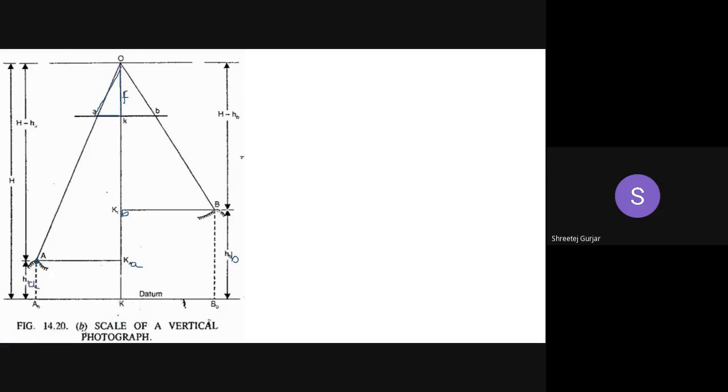Similarly as we have done in the previous case, we will take this small triangle and the larger triangle OKA, capital A, and these two triangles are similar. From this, scale is small k divided by capital A capital K. This is nothing but scale of this particular photograph at elevation HA, when the ground is at this particular elevation HA.